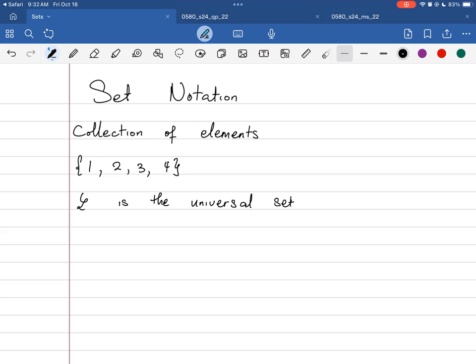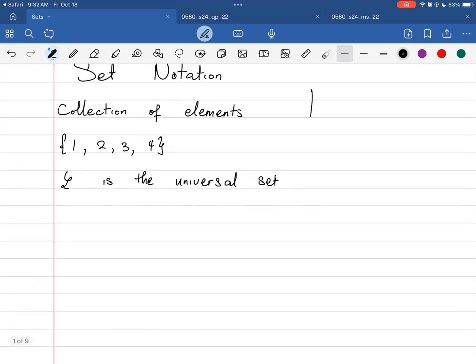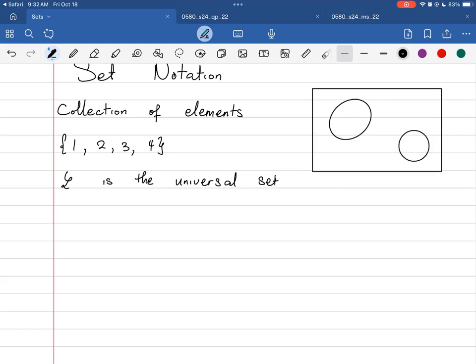So if you had something like this, and this was E and this was F, and inside E you had 6, 4, 2, inside F you had 1, 3, 9, and then outside here you had 5, your universal set will be everything inside here.